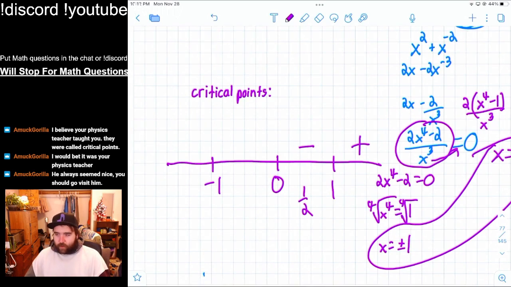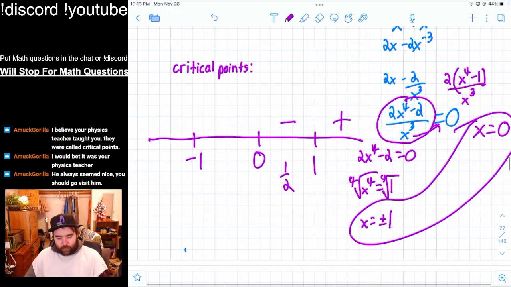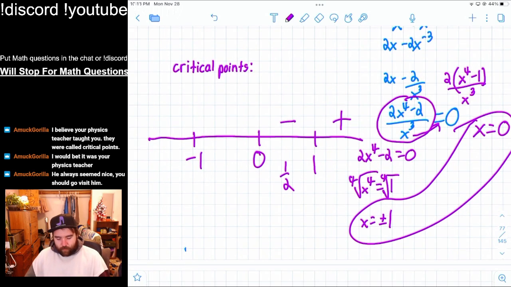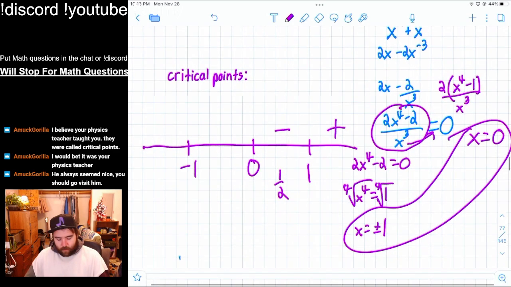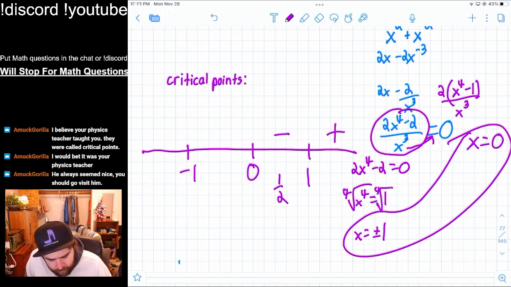And then what about on the other side of 0? Where we plug in negative 1/2. So when we plug in negative 1/2, on the top, what's going to happen? So negative 1/2 to the fourth, 1 over 16, minus 1, definitely negative.